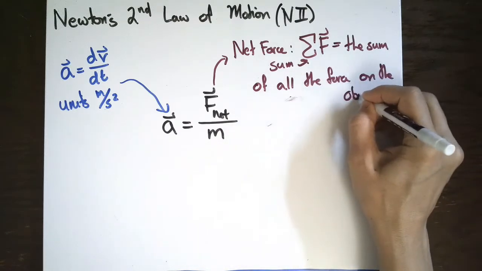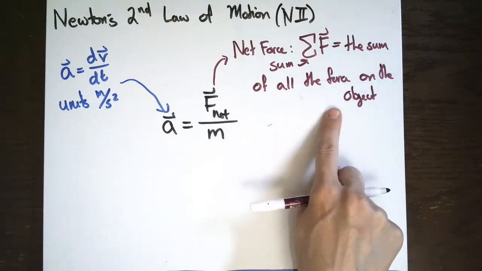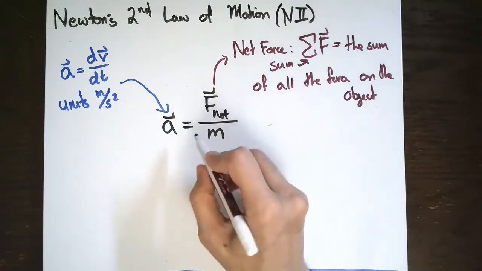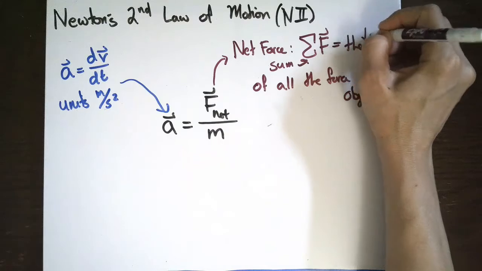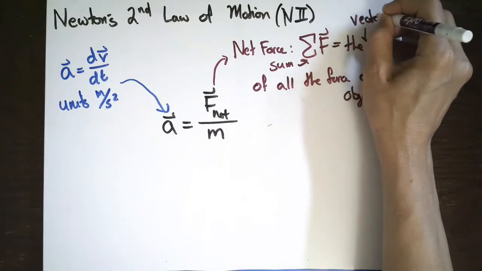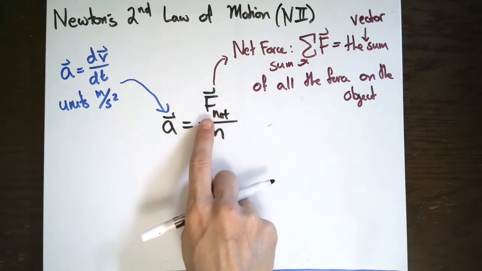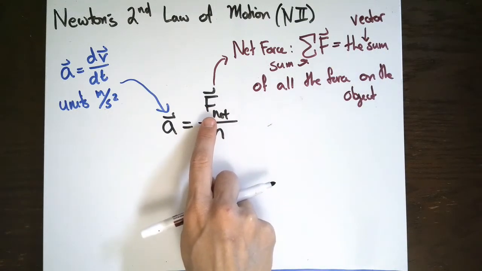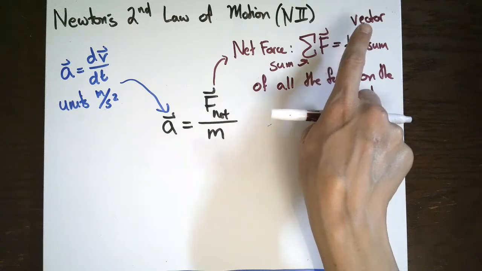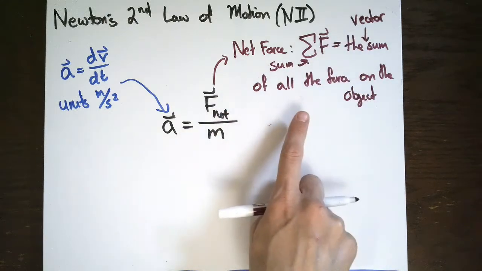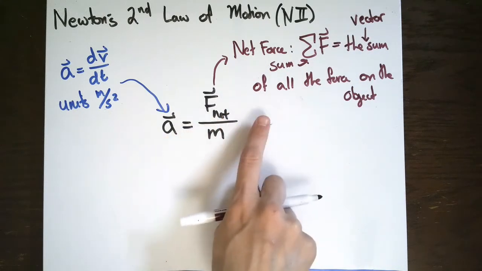I'm just going to move that over here, because having said that, we need to modify this. Force is a vector, so this, we'll have to remember, is the vector sum, and that's going to mean we're going to want to break things up into components so we can easily do math on it. So direction matters. You've got to do the x stuff all together, the y stuff all together, the z stuff all together.